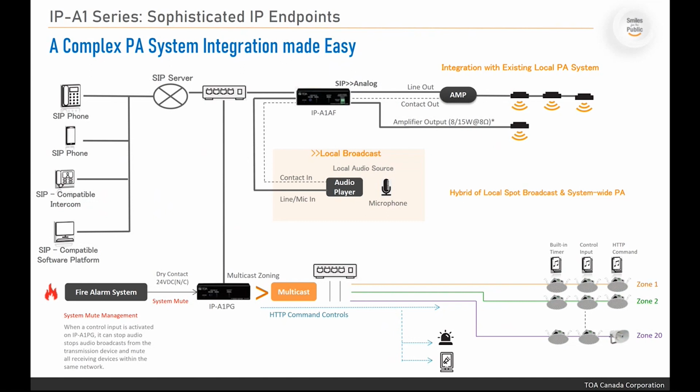SIP phones can integrate with VMS, as we mentioned before. So all you need is an IP-A1 audio interface or an IP-A1 paging gateway, and you can integrate either with existing local amplifiers, analog speakers, or SIP phones with SIP servers, with fire alarm systems, or even third-party devices using the HTTP commands capability of send or receive.